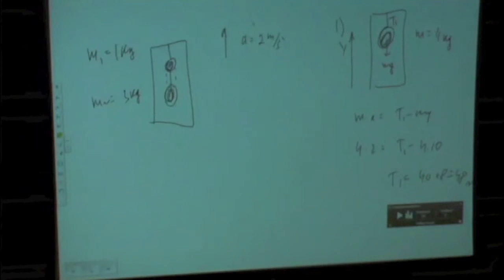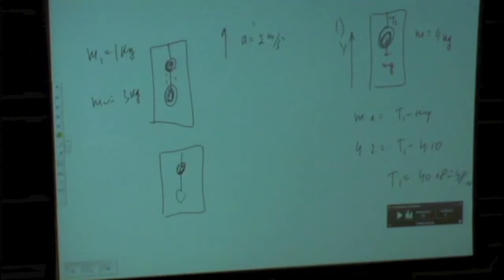Yes? It depends on your choice of the system. This is how I made my choice. And just in a second, I want to make a different choice, and that force will not be internal anymore.